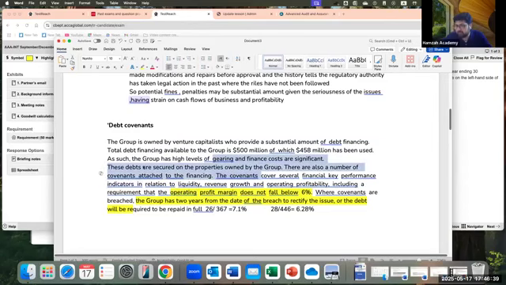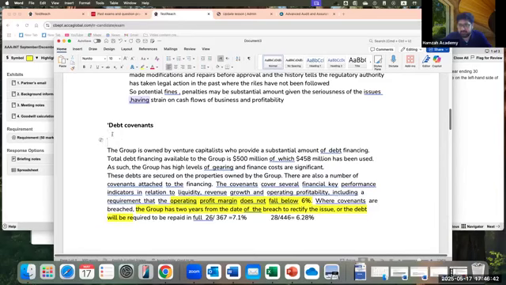Yes. So we need to discuss it. Let us solve it, the right answer about it. So the group is having significant amount of debt financing from venture capitalists, an amount of 458 billion.